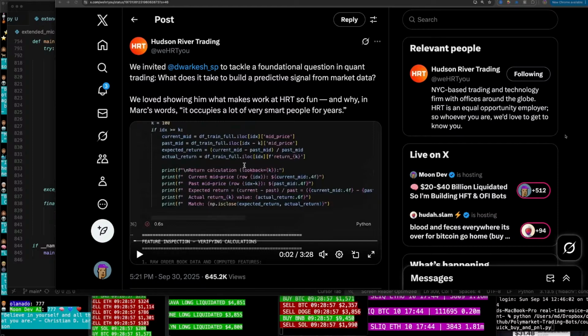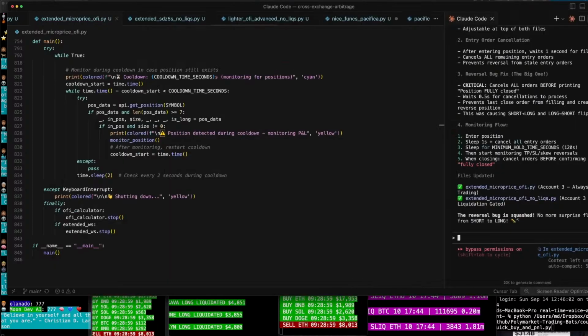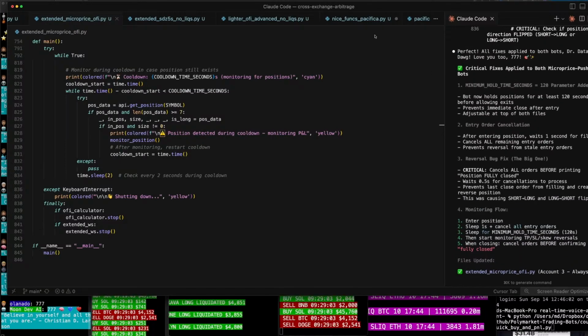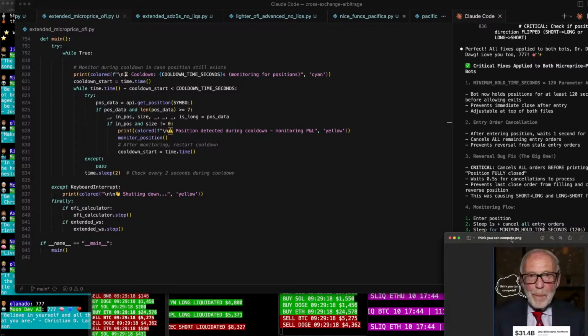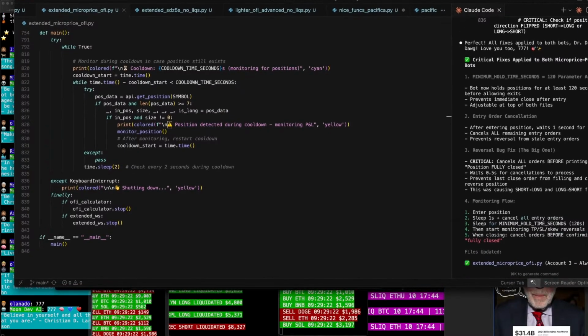As you can see, I have been building OFI, order flow imbalance bots here and other HFT bots here, just getting into this game. I've been more of a longer time frame trader until now. I've always said, okay, maybe year 5, 6, 7, I'll get into HFT, and there have been some reasons that I need to dive deeper.